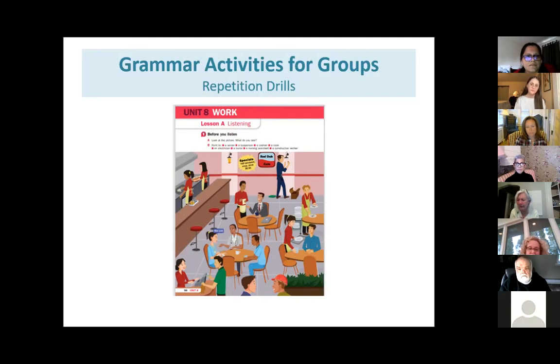The nice thing about that kind of activity in a group is that there's a lot of repetition, which is really important for learning, but one student is not repeating the same thing over 20 times. So the students are getting their opportunity to speak, but they're also listening to what the other students are saying, and they're picking up on the grammar like that.